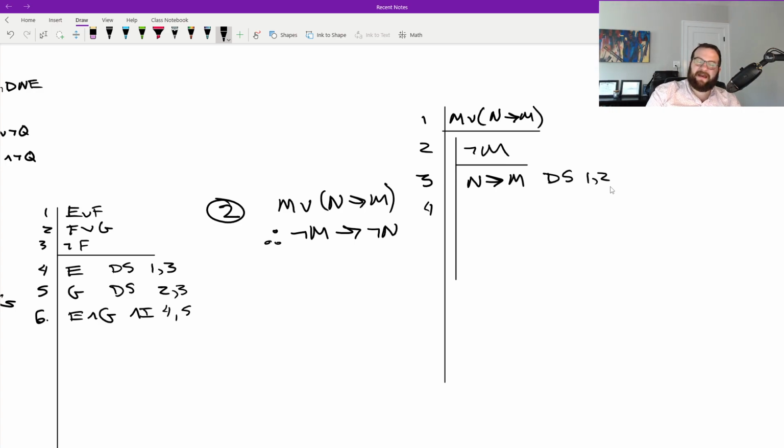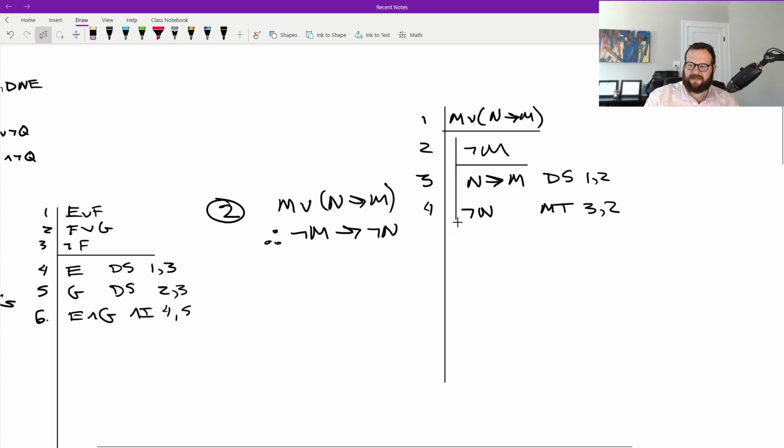Now I get to use another new rule. If N, then M. Well, I know M is false, so N has to be false, right? And that is modus tollens 3, 2. So I arrived at what I wanted.